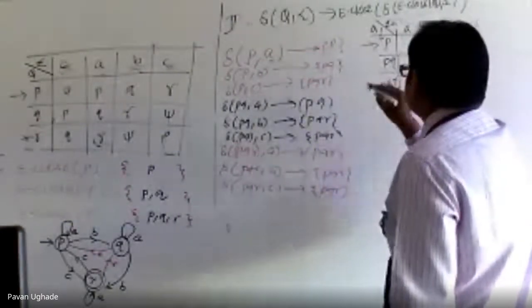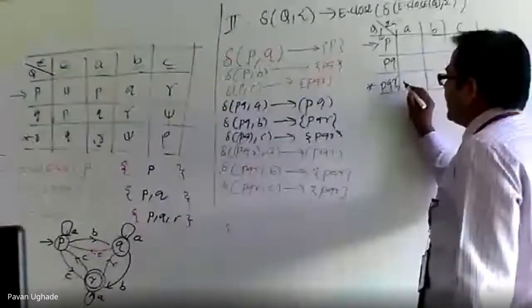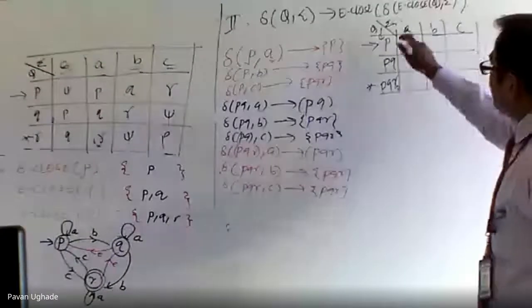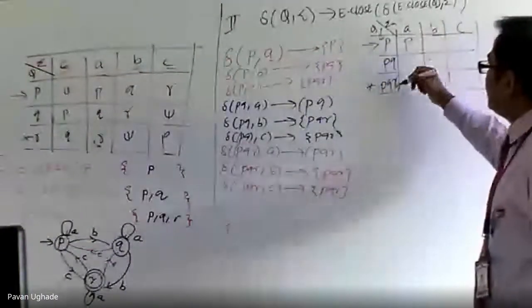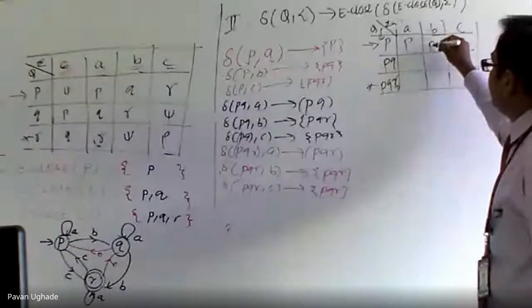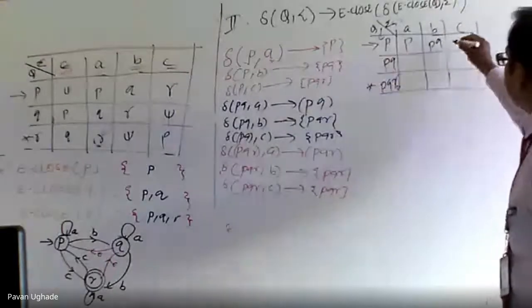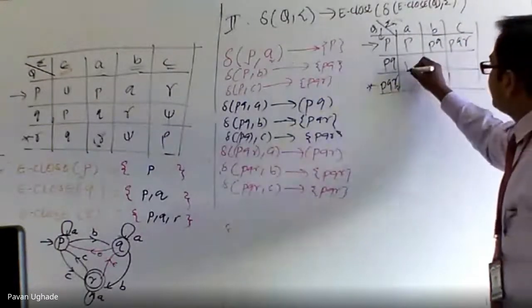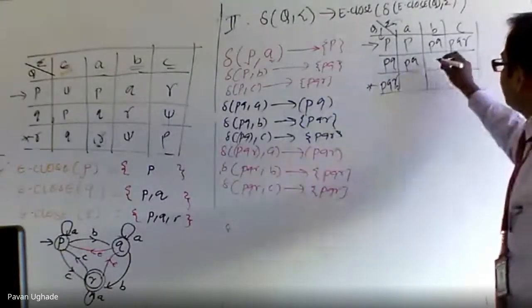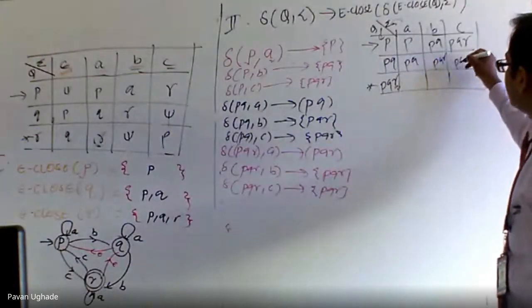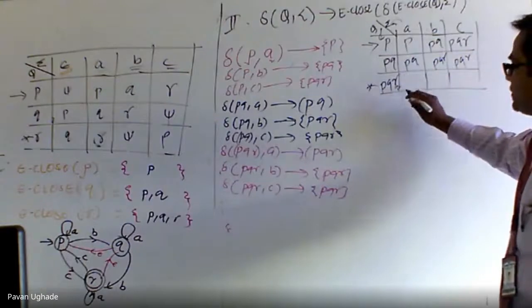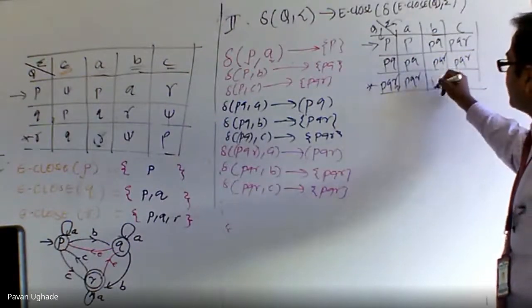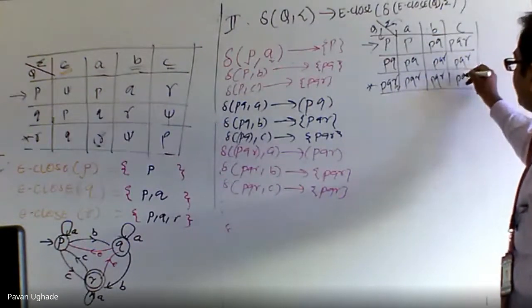The final state is PQR containing the R. Now P over A, we are getting P. P over B, we get PQ, and P over C, we get PQR. PQ over A goes to PQ. PQ over B goes to PQR, and here also PQR. In the same fashion, PQR over A goes to PQR, and also PQR over B and C.